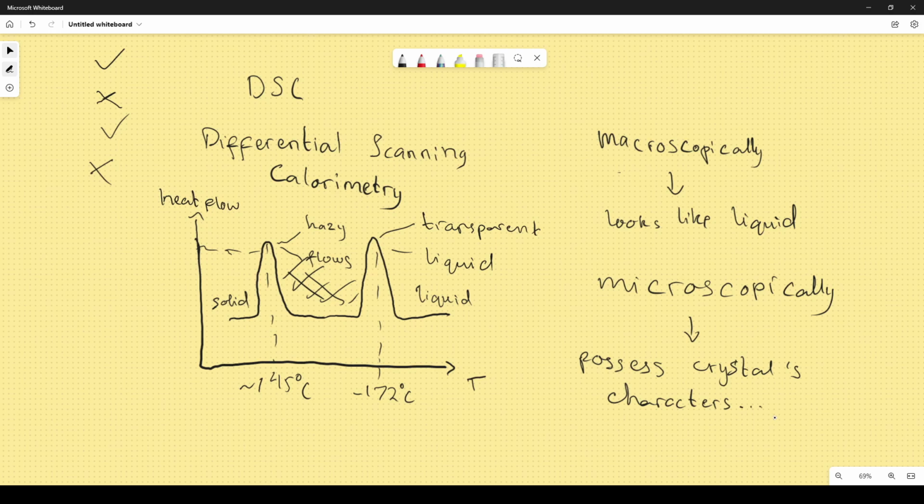Right. So this is what we call the liquid crystals. And the liquid crystal phase exists between the solid and the liquid phase.